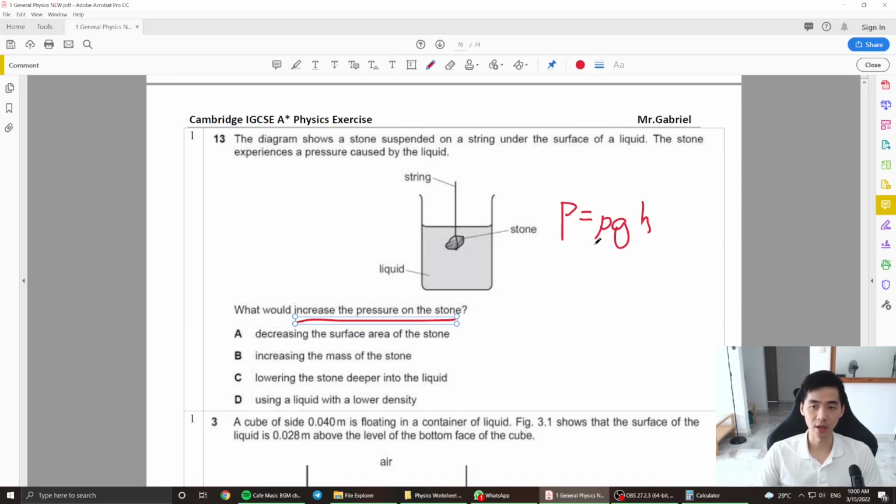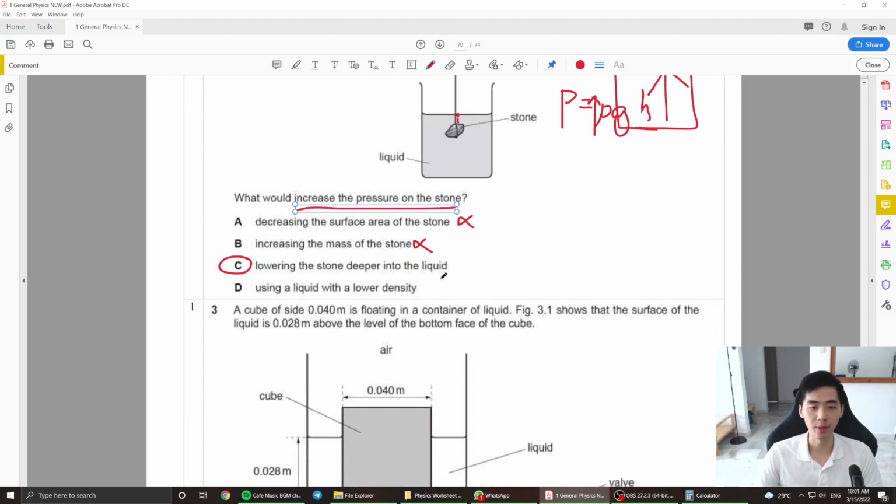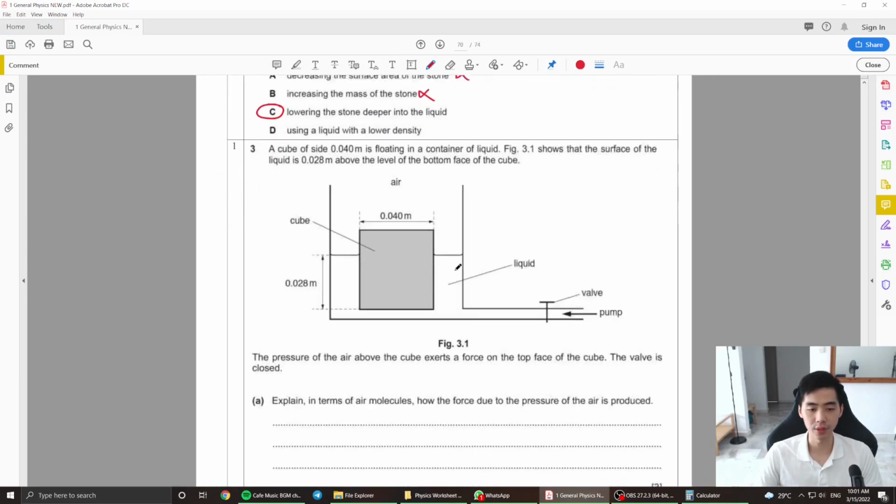Increase in pressure will either be because of the increased density or the increase in height of the water column above you. Right, so decreasing the surface area, not logical. Increasing the mass, not logical. Lowering the stone deeper into the liquid, definitely logical, because when I lower the stone deeper into the liquid, the height of water column above it is greater, right? And ultimately, this is going to increase the pressure here.